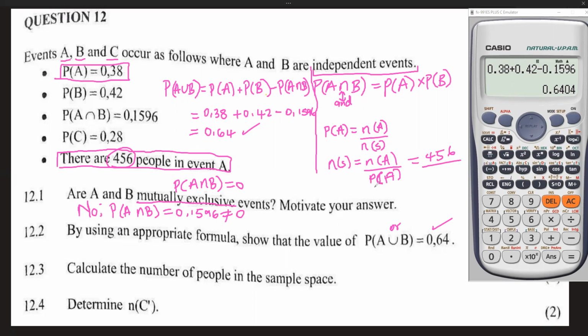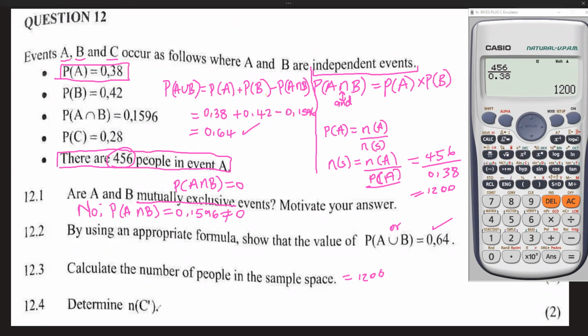And then I have the probability of A, which is 0.38, right? And then let's see what this gives us. So this gives us 456 over 0.38, right? Which is 1,200 people in total. So in total, we have 1,200 people. Okay.